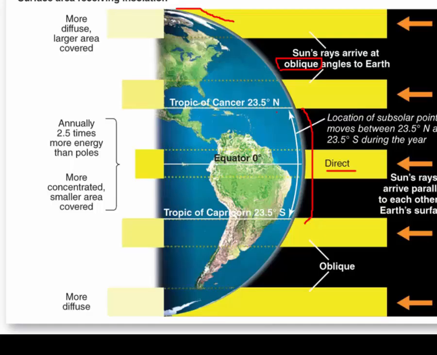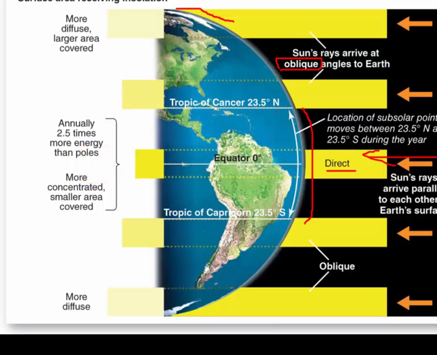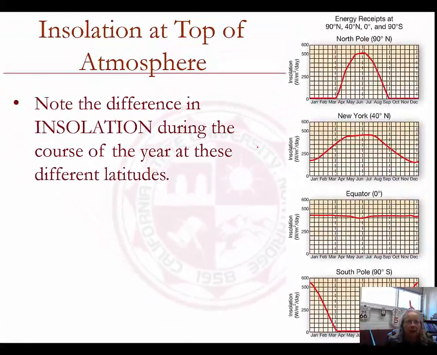If you're hit directly, it would hurt a lot more than if you were hit with a glancing blow. The place where this energy is most directly landing on the Earth's surface is called the subsolar point. You have to have that vocabulary in your back pocket so that you can reference it later.